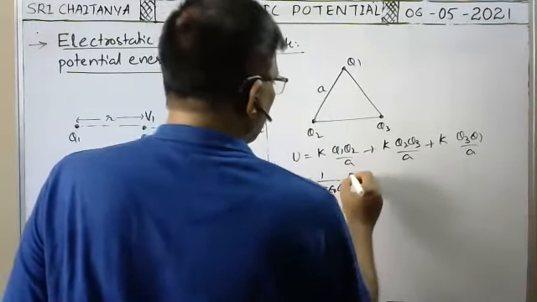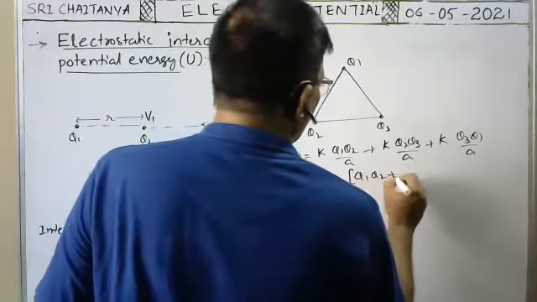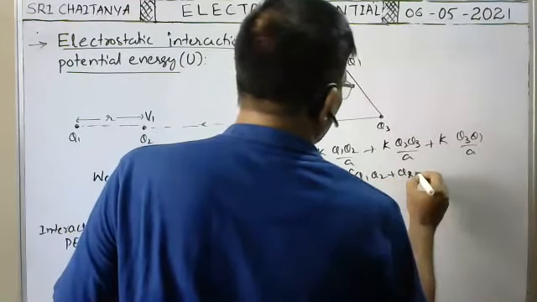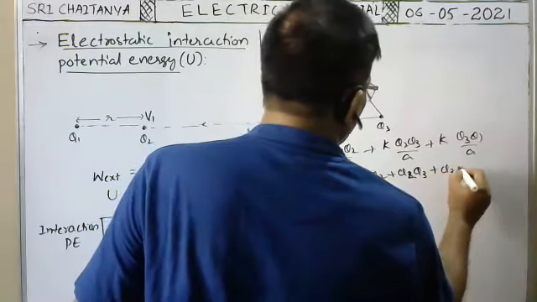A we can take common. Then the remaining is Q1 Q2 plus Q2 Q3 plus Q3 Q1.